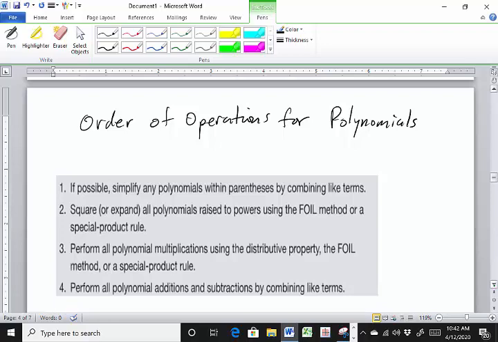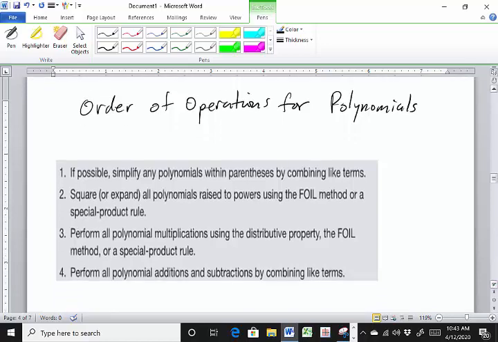So it's pretty much the same as our order of operations: do what's inside parentheses, raise things to powers, do multiplication, and then perform the addition and subtraction. We haven't done division yet, so there's no mention of division in this. We will do division in the next section.